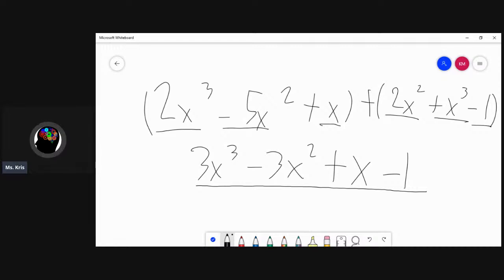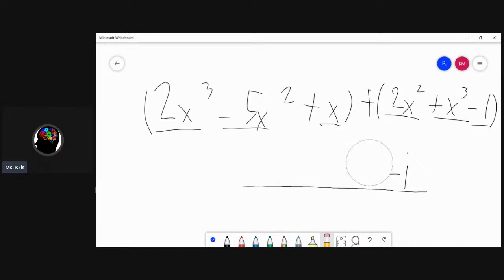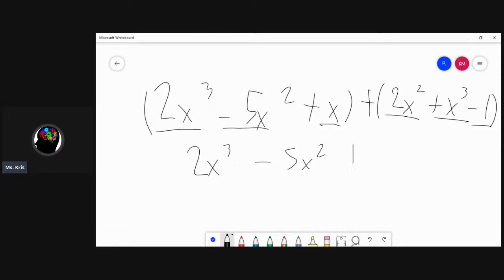Now you can line them up under each other vertically to get the same answer. So if I do 2x to the third minus 5x squared plus x, plus x to the third.